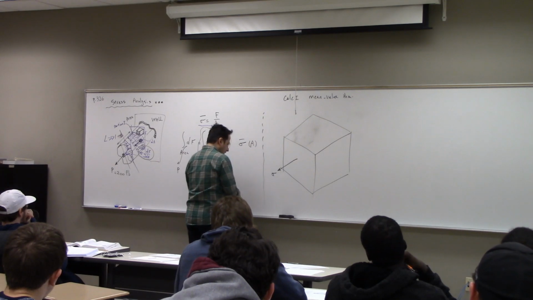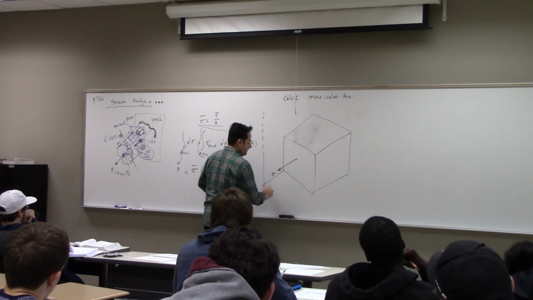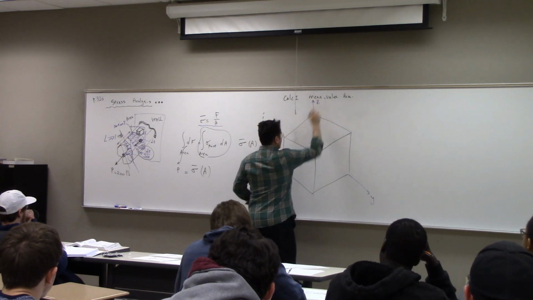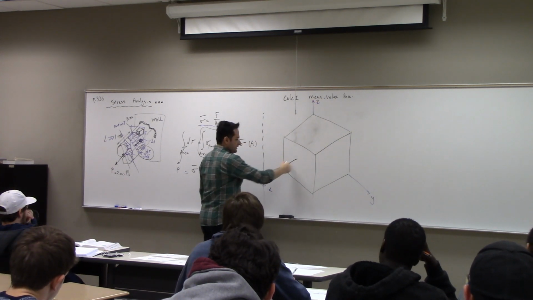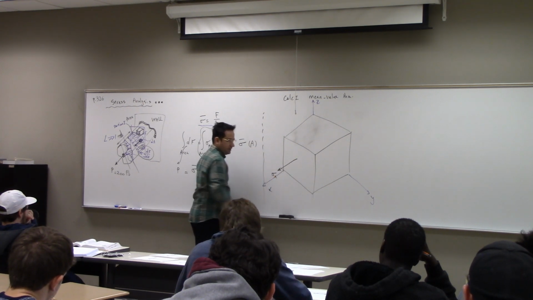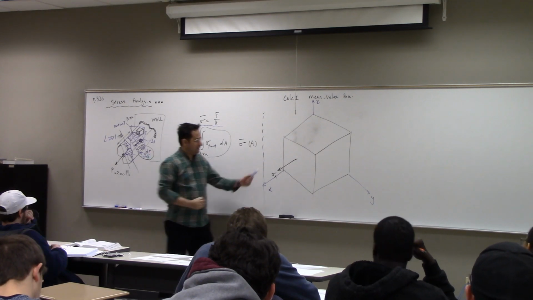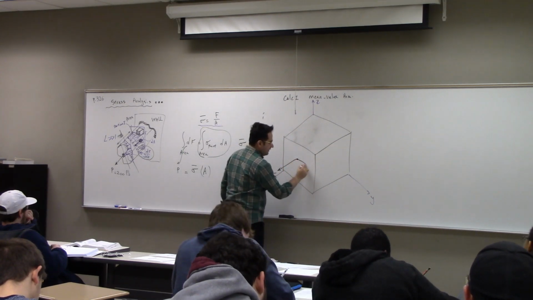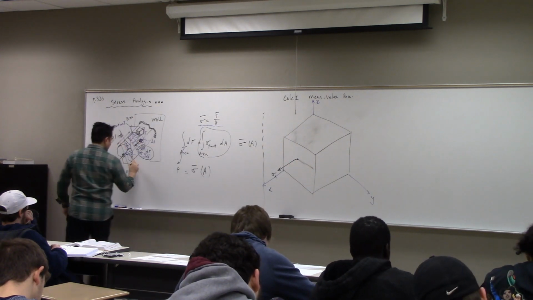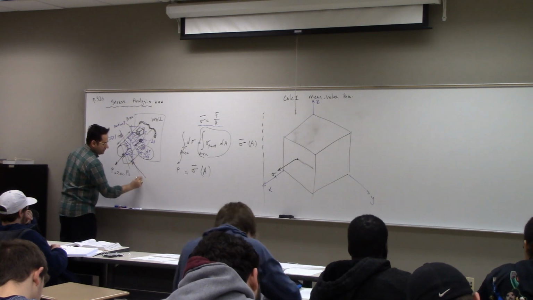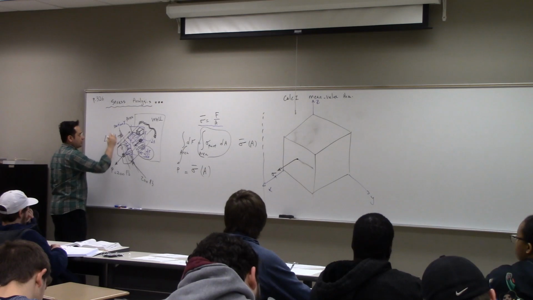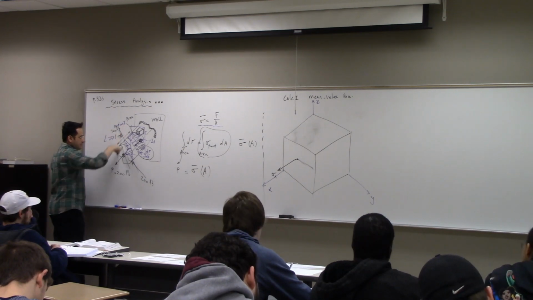Now if I make my x, y, z this way, x, y, z, right? Then I'm going to have a sigma, and because this is in the x direction, I say sigma sub x. And here at this point also, I'm going to have a stress, because if you have a load like that, let's say put another 200 pound here, this way. And let's say put another 200 pound this way, right?